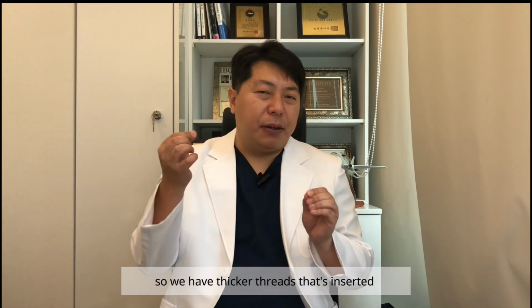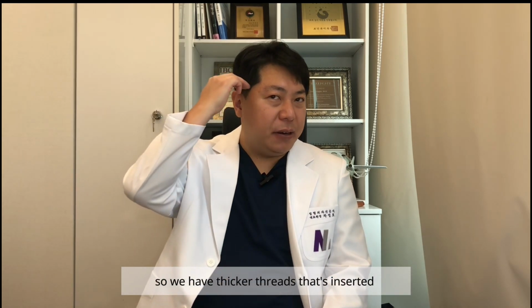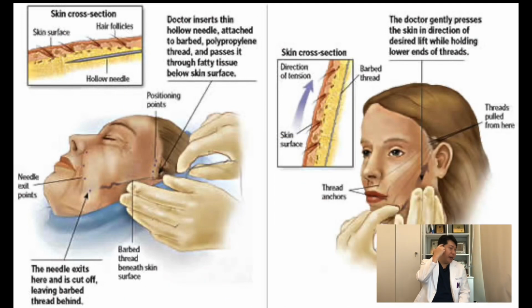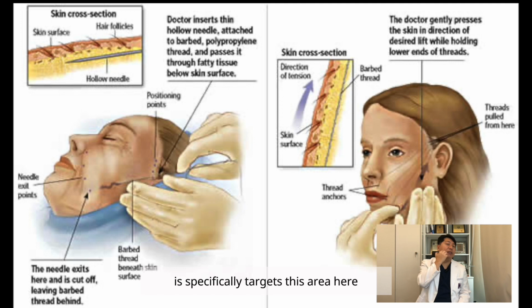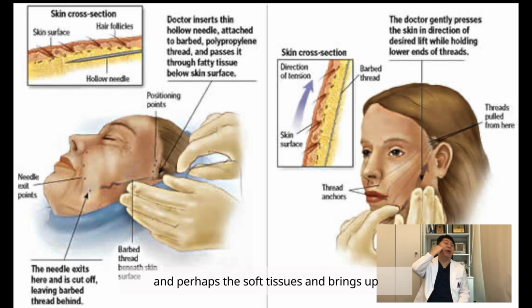So we have thicker threads that are inserted from here, at the end in the hairlines. We wouldn't need an incision, just a needle poke for the entry point where the threads go in. It specifically targets this area here, grabs the soft tissues, and brings them up.